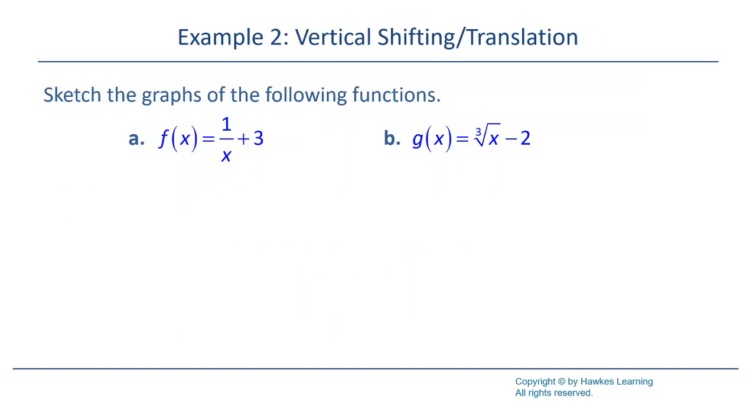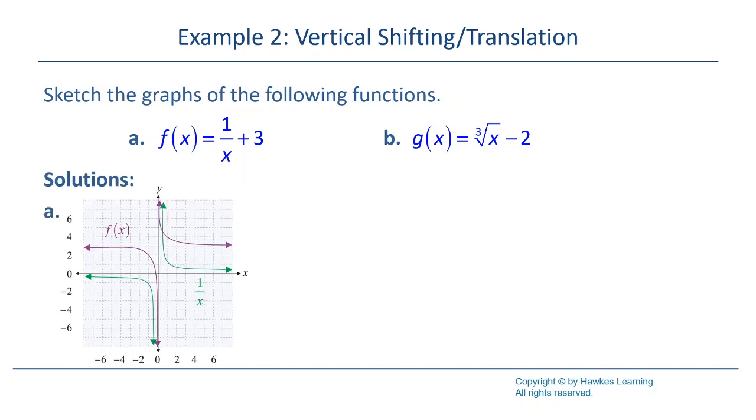So then with these two, I should say, if you know the graph of 1 over x and you also know the graph of the cube root of x. When you did the horizontal shift, that was moving the x values. When you do the vertical shift, you're actually moving the y values.